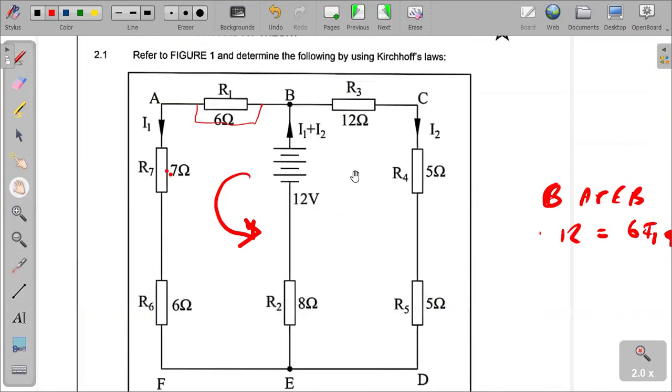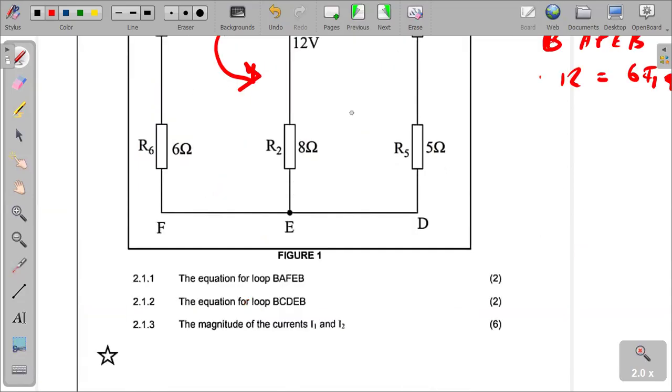Which current is passing through the 8 ohm resistor? Current I1 plus I2 left the battery and it's subdivided here. We see I2 this side and I1 the other direction, so when it recombines at the other junction going back to the battery, the current coming back is I1 plus I2. So the current that flows through this is I1 plus I2.